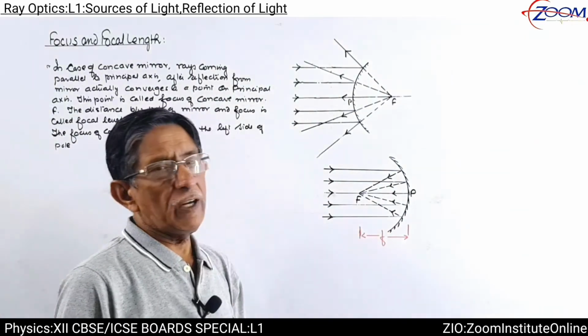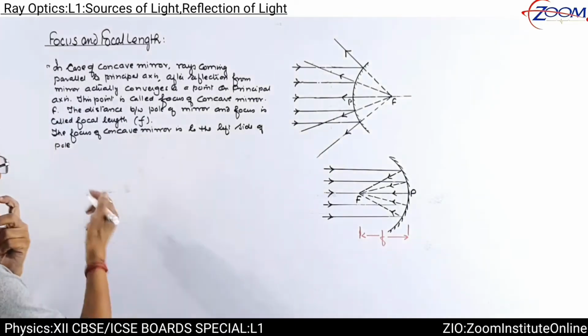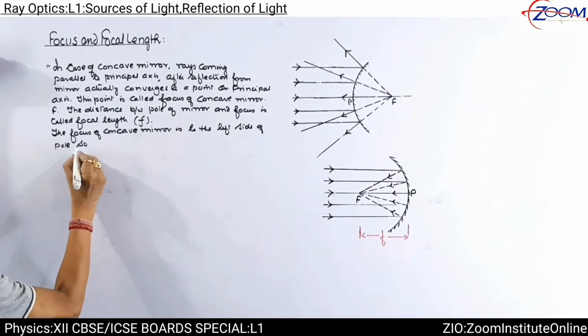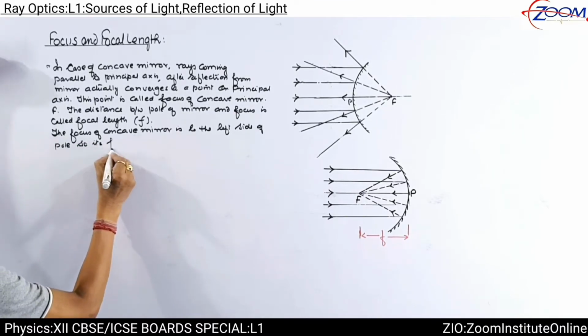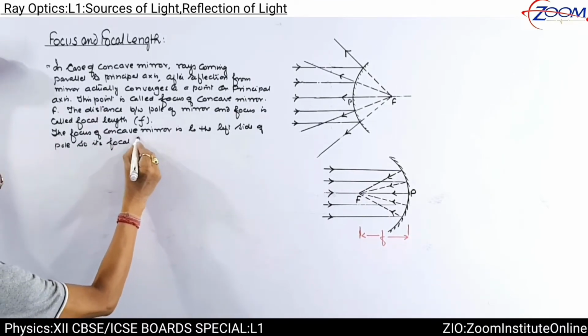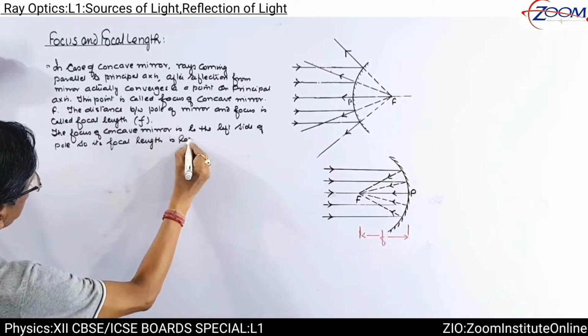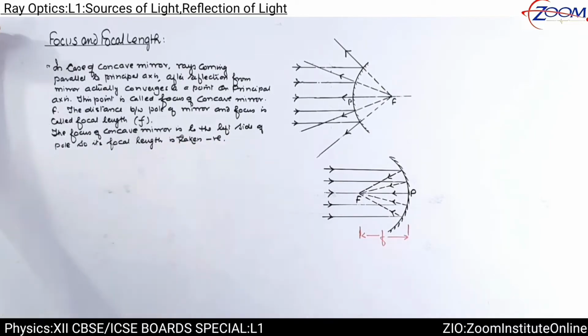That's why the focal length of concave mirror is taken negative. The focus of concave mirror is to the left side of pole. So its focal length, students, is taken what? Negative.